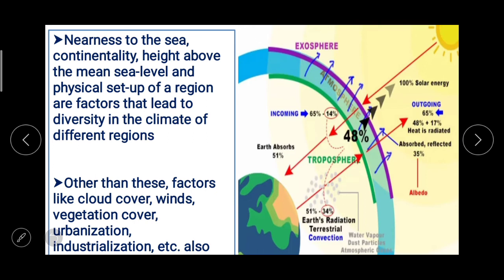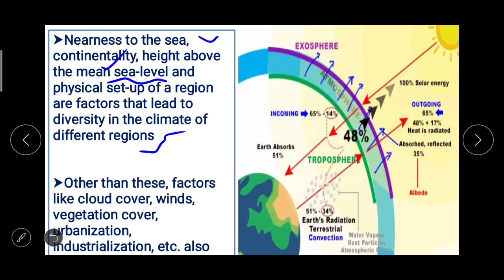Now though latitude is the main factor, there are other factors also which influence the distribution of temperature. The effects are limited to a particular region, but there are factors, and these factors are nearness to the sea, continentality, height above the mean sea level, and physical setup of a region are factors that lead to diversity in the climate of different regions.